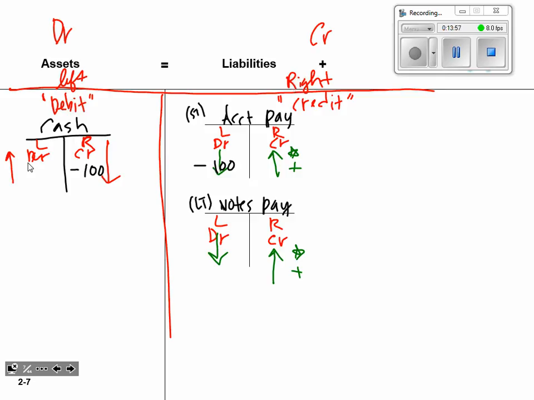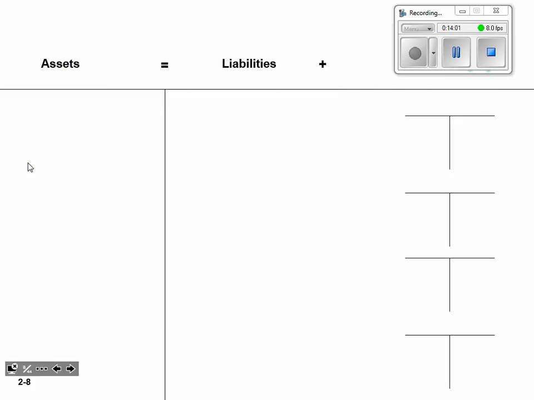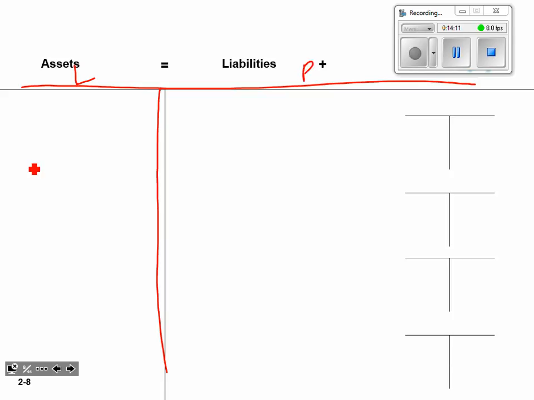Let's talk owner's equity a minute. Owner's equity is a little bit tricky. Repetitive, here I come. I see my giant T. I see a left side, I see a right side. Debits on the left, credits on the right. Okay, liabilities had which kind of normal balance side?